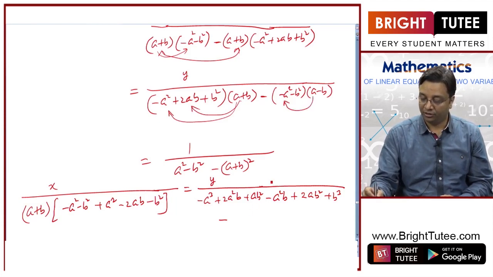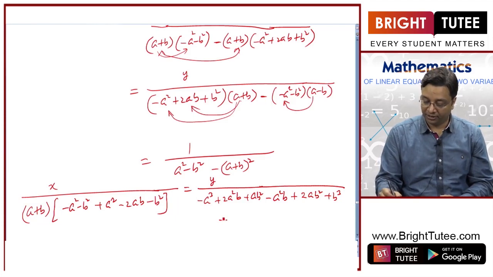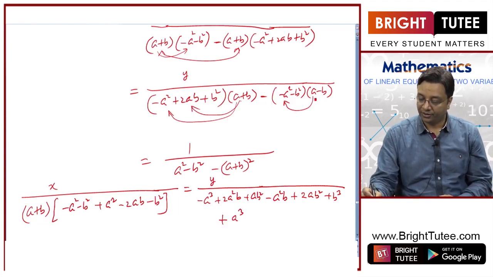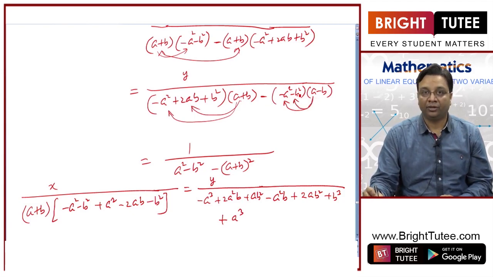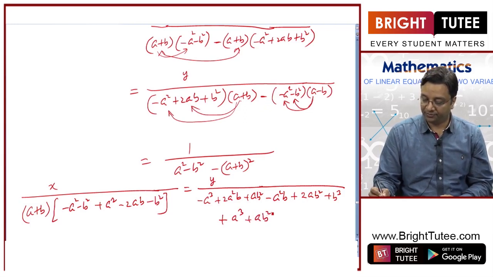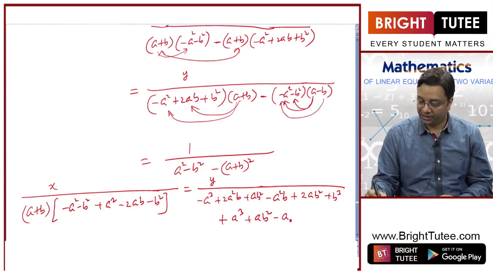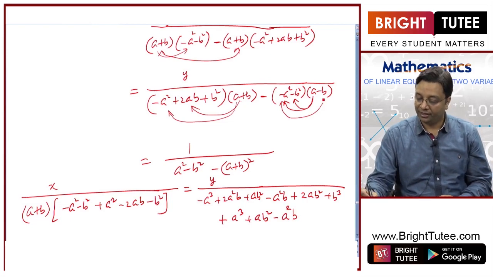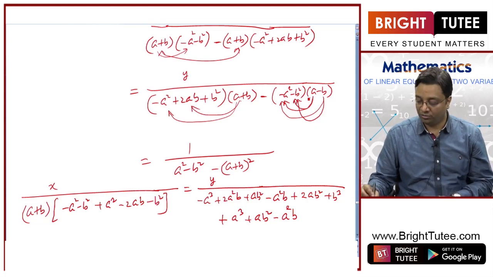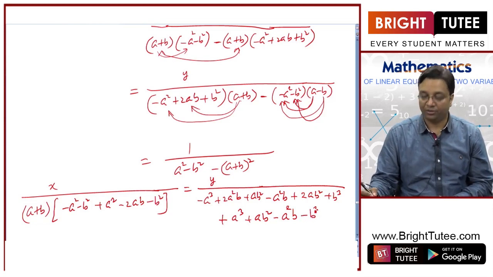So minus a cube, and then minus minus plus a cube. So plus a cube, and a multiplied with this will become minus ab square, and this minus sign will make it plus ab square. Minus b multiplied with this will become plus a square b, so we will write minus a square b. Minus b into minus b square will become plus b cube, so we will write it as minus b cube. Okay.